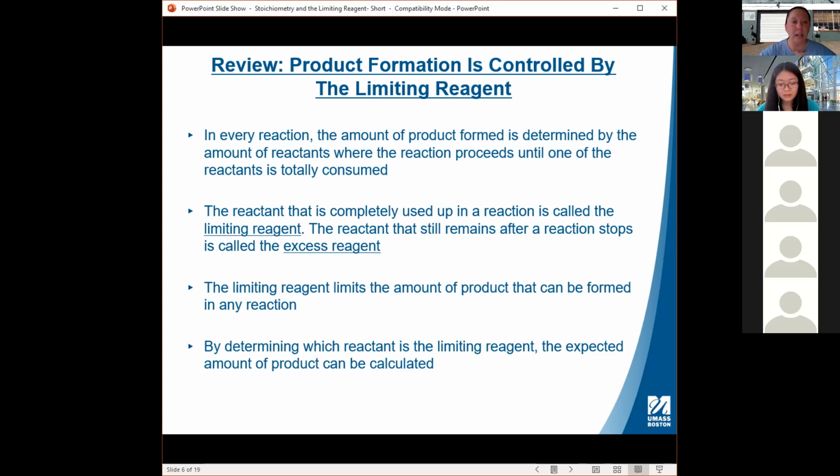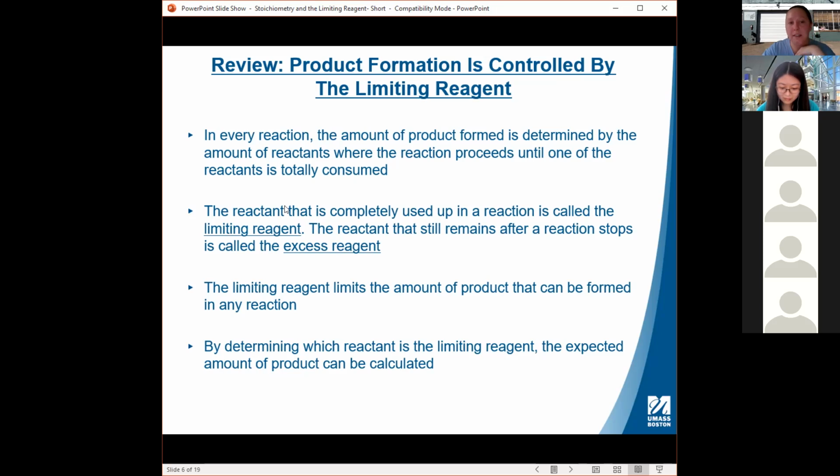So in every reaction, the amount of product formed is determined by the amount of reactants. Based on the number of moles of our reactants, we can figure out which one is going to be the limiting reactant and which one is going to be the excess reactant. We need to figure out first how many moles of a reactant we have, and how much product we can theoretically make from each reactant.